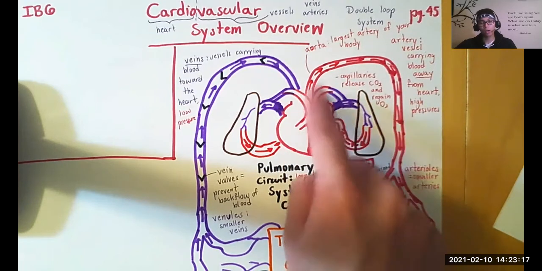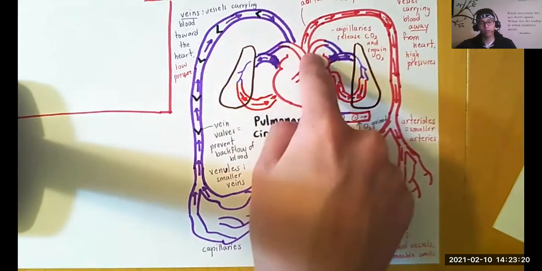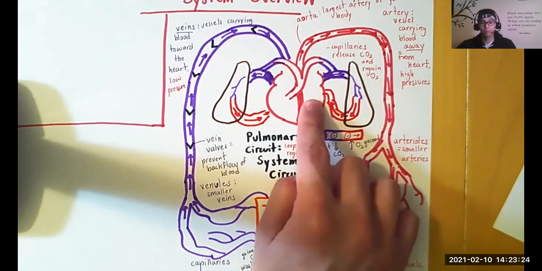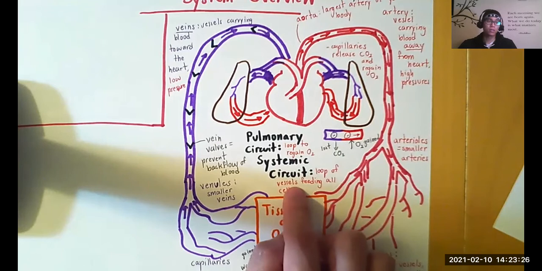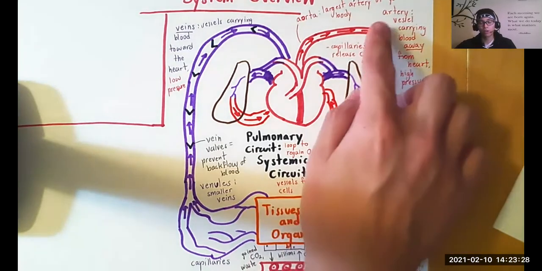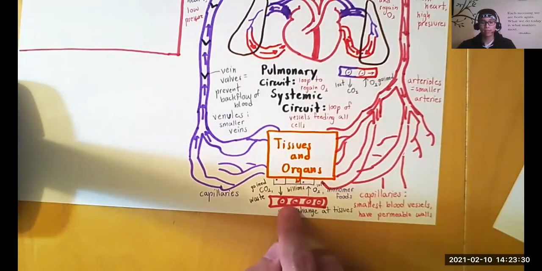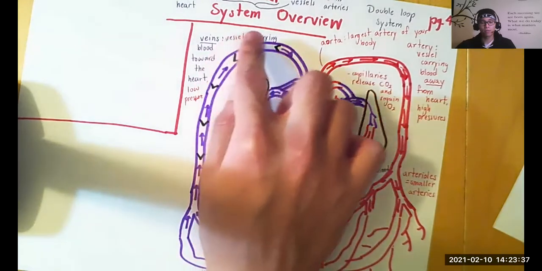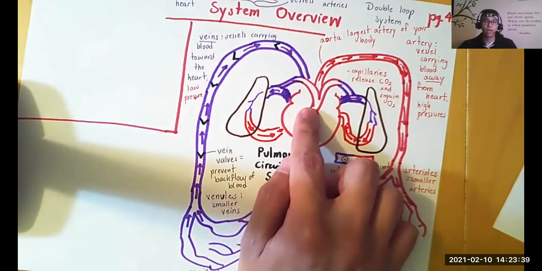One loop goes from the heart to the tissues and then back to the heart. The second loop goes from the heart to the lungs and then back to the heart. The first loop is called the systemic circuit, involving the arteries, the arterioles, and gas exchange at the tissues. Then they also involve the venules, the vein valves, and then veins moving back to the heart. That's called the systemic circuit, all the way around the system.